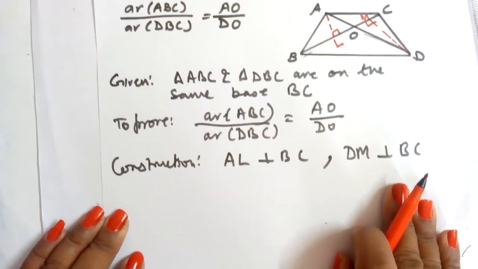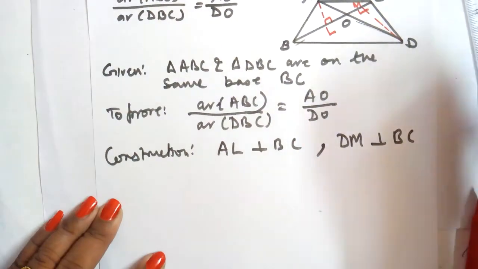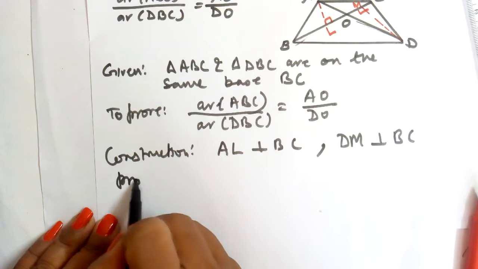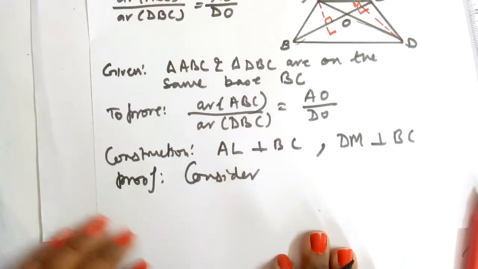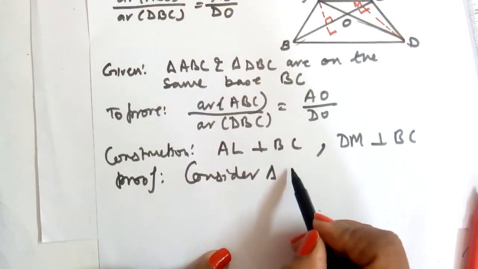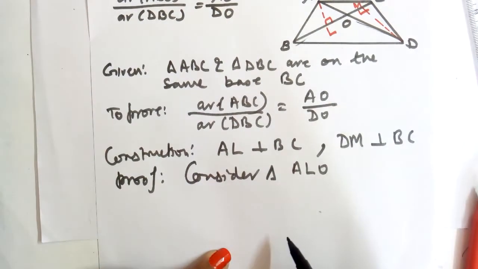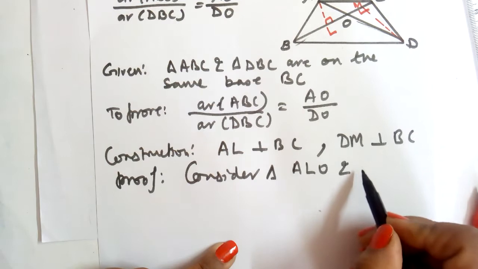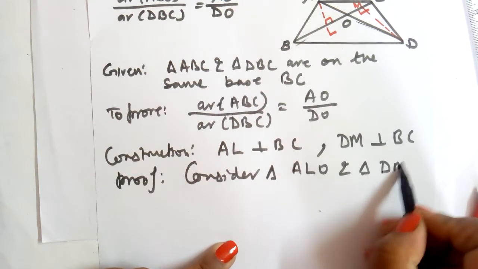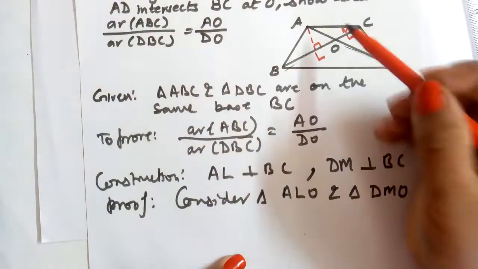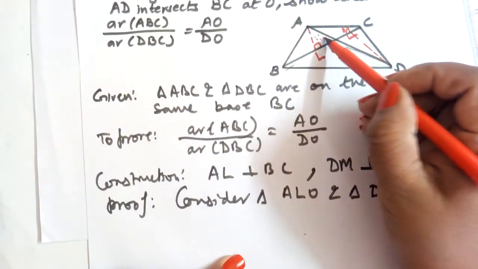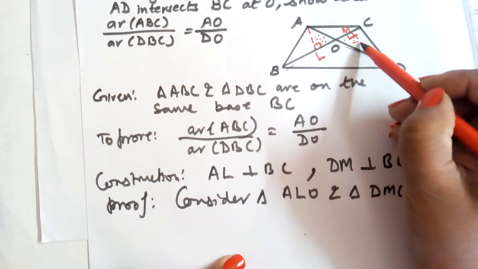Now we have to start proving. Let us consider triangle ALO and triangle DMO. I am making a few dots here to make it clear which two triangles we are taking.